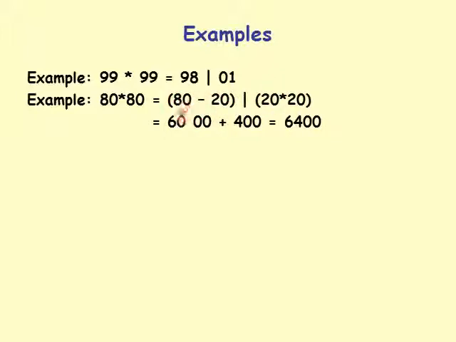So 80 minus 20 is 60, and then multiplying by the base of 100, it becomes 60 and 2 zeros, and 400 on the right is a plus 400. That gets me 6400. So 80 times 80 is 6400.